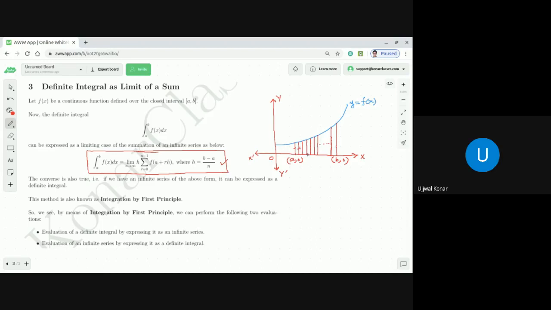That width we define as h. Now, if we make an infinite number of such parallel lines, what will happen? The distance between two parallel lines will become very, very small. Correct or not? Yes. And that is defined as h. h is nothing but the distance between the two parallel lines.